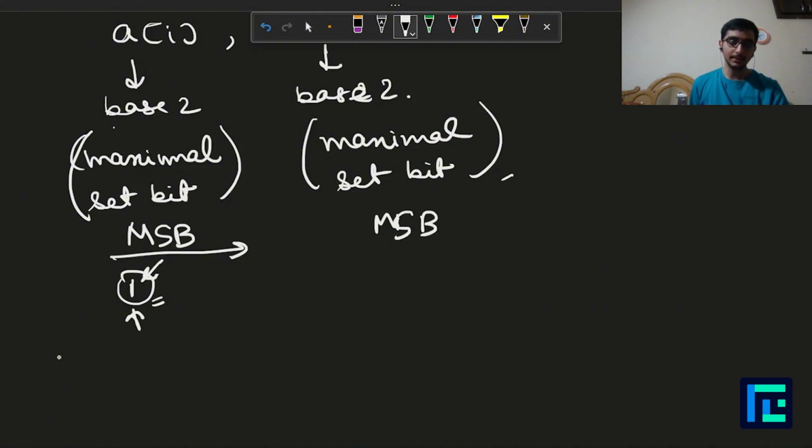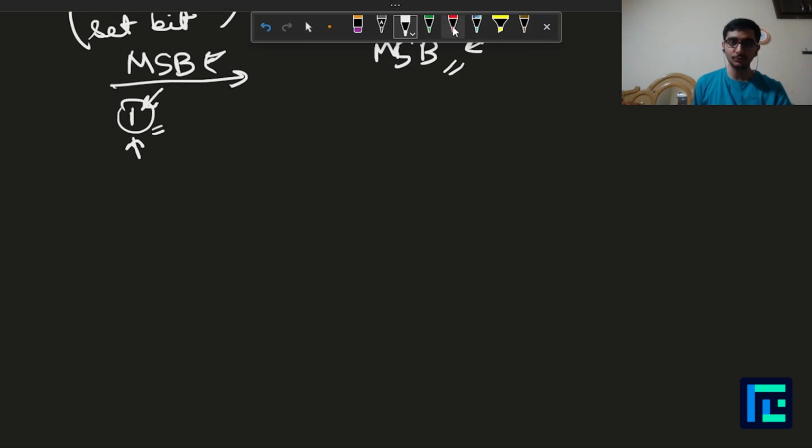So what I do is I compare the positions of the MSBs. So usually in binary numbers, what we do is we start indexing the numbers from right to left. So let's say if I write 13 in binary, that would be 8, 4, and then 2, 1, so this is 13.